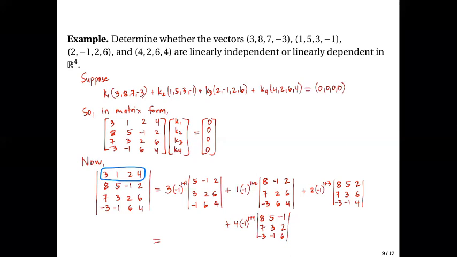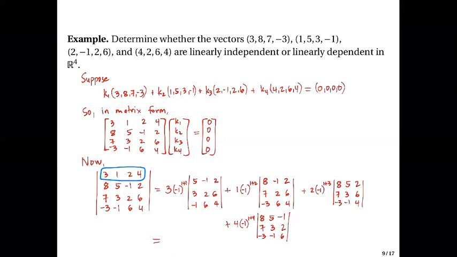So what I'm going to do now is to use a computer algebra system to find the determinant, since anyway our goal is just to find whether this has a unique solution or not.